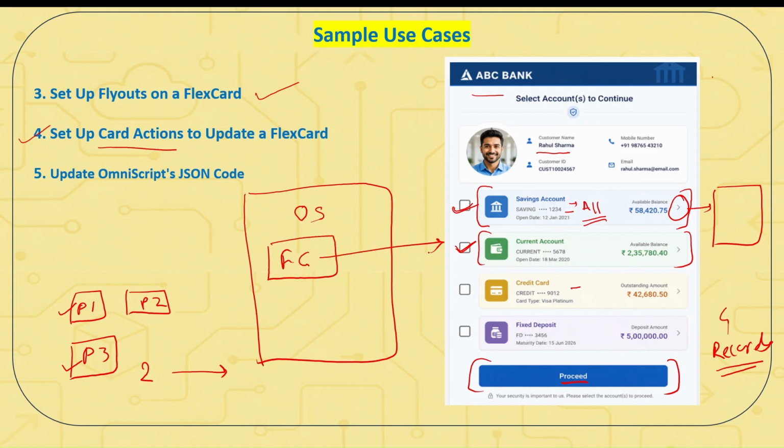Whatever cards or accounts are selected, after clicking Proceed, if this event is configured, if the Update OmniScript JSON action type is configured, then this action type is going to update the OmniScript JSON. Based on this JSON, the corresponding screens will be displayed.